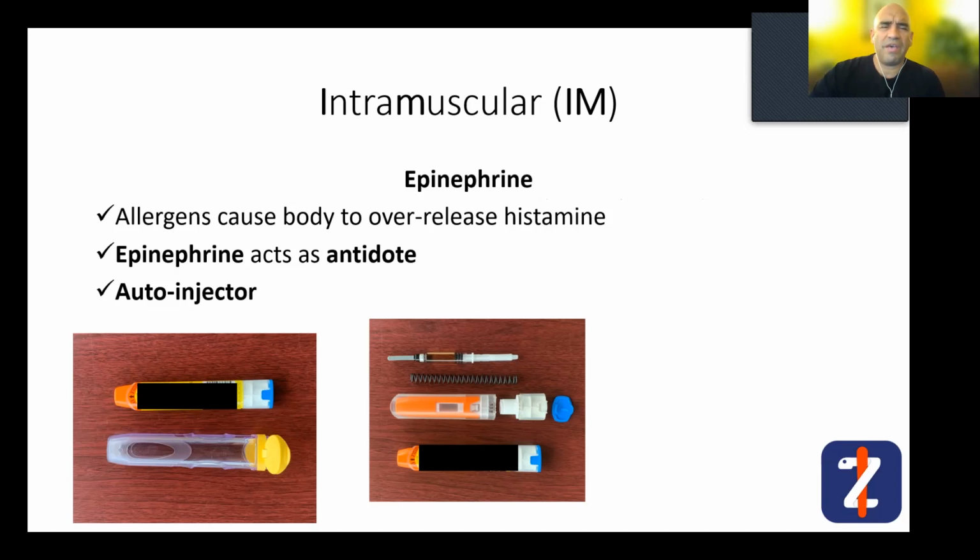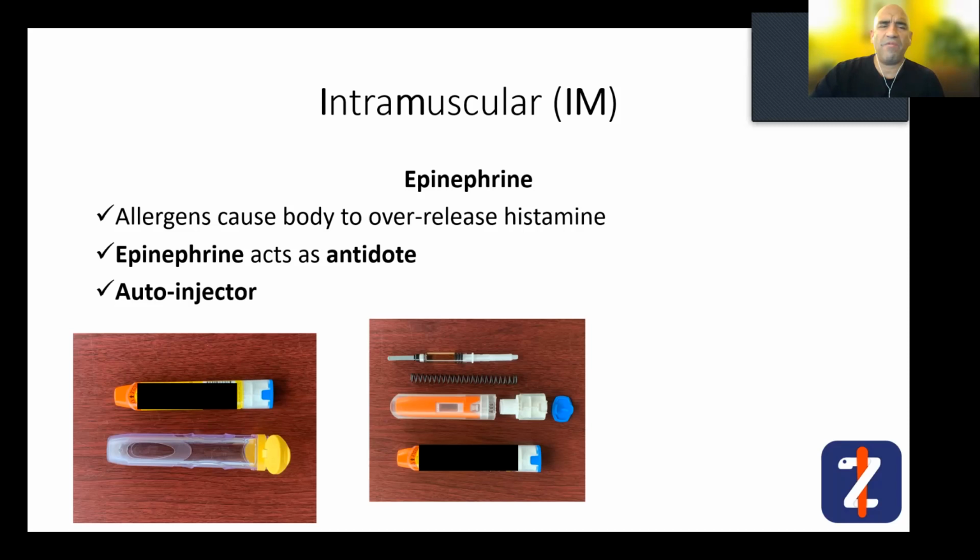Intramuscular here is epinephrine. This is usually a release of histamines. Allergens are the ones that actually cause this, through exposure, and then from there it causes a severe reaction. Most patients will carry this. They'll be prescribed it. There are actually different types of auto injectors out there. I just gave you one example.